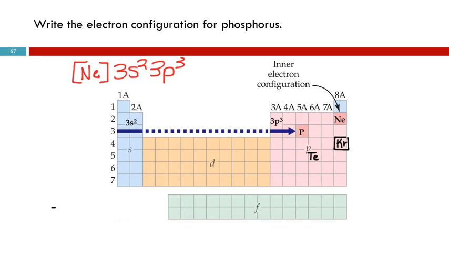So doing tellurium, we would have krypton, and then after krypton, 5s2, right there. And then going through here is 4d10. And then next up will be over here, 5p4.